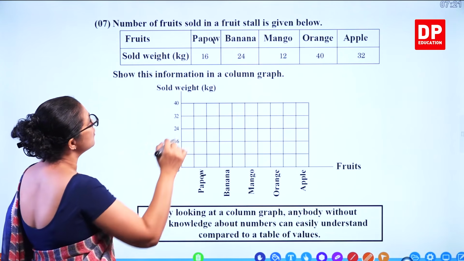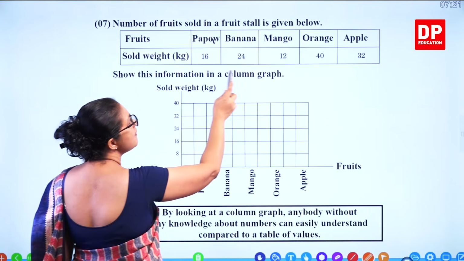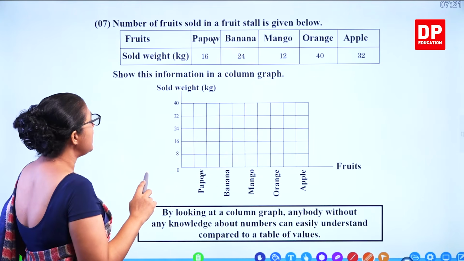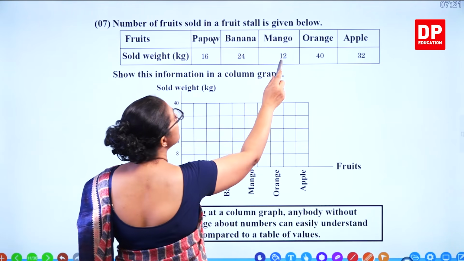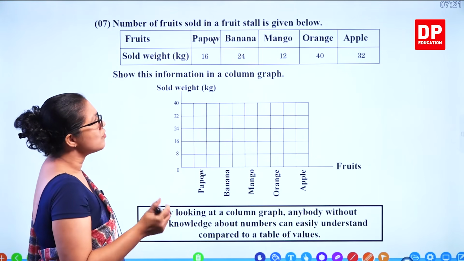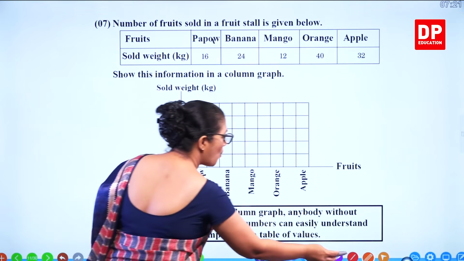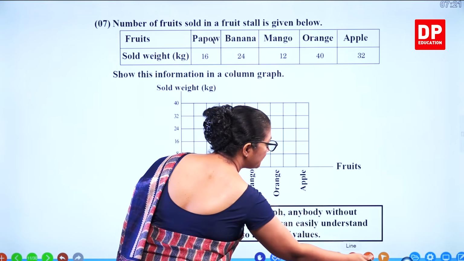So it's divisible. You can select your scale by looking at the numbers. All are divisible by 8, and this one you can manage because you are taking half. So you can mark it properly. We'll see how we can do that.